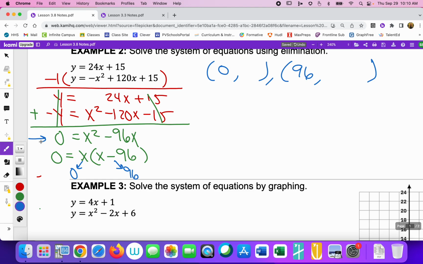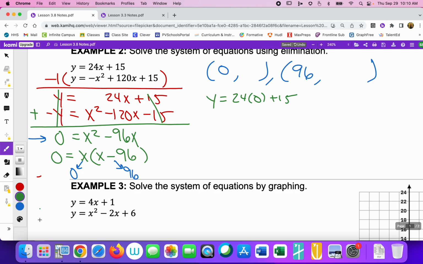Okay. Now, if I know x's, I need to substitute back in to find y. So the second half to find y's is the exact same regardless of which method. We need to plug in 0 and 96 for x's in one of the originals. Which one would you prefer? The first one, same. Okay. If I plug in 0, y equals 24 times 0 plus 15. I would hope we could do that in our head.